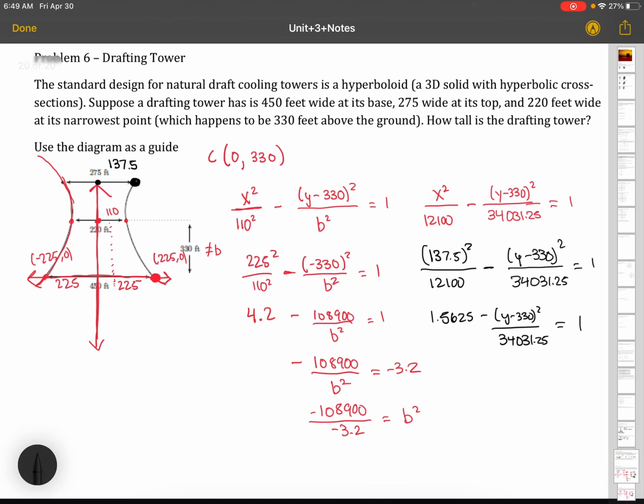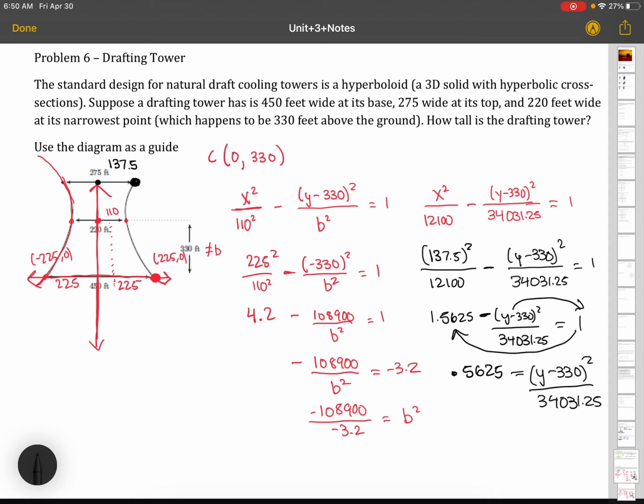So when we subtract, again, the rest of this is algebra, we're going to get 0.5625, because we subtract 1 and we move the y term to the other side. So y minus 330 squared divided by 34,031.25 equals 0.5625. So again, we move this term over and we subtracted 1 from the 1.5625.